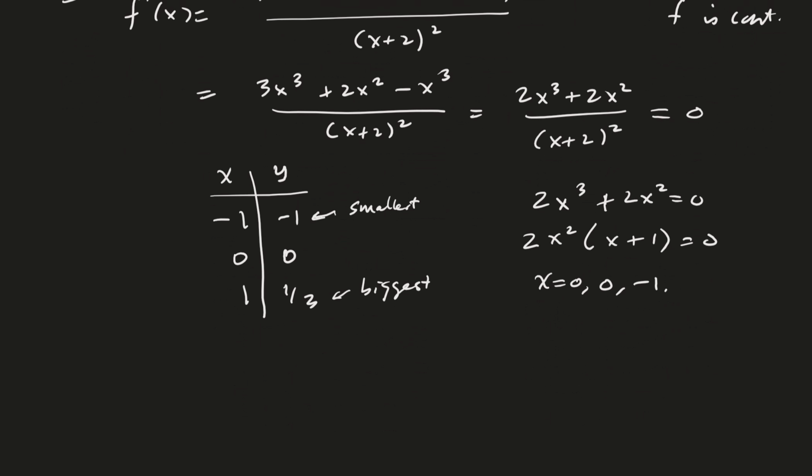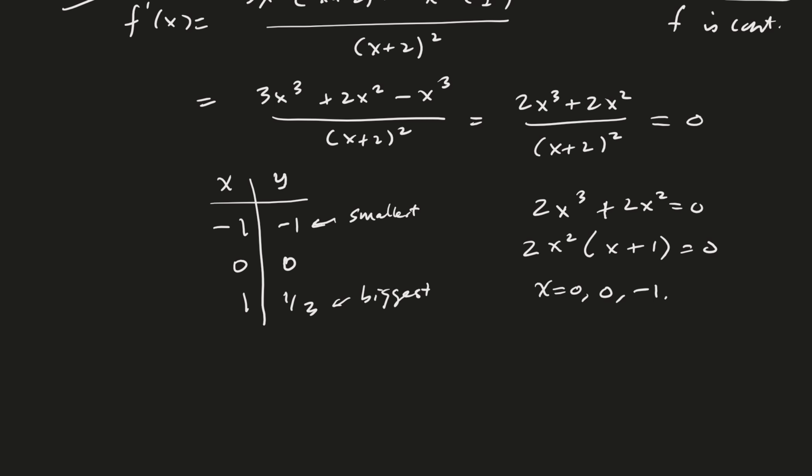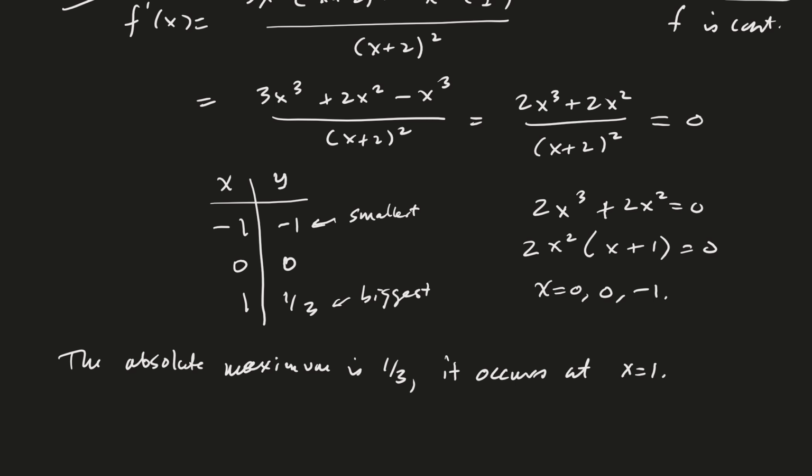Good. And so I think it's really important to write down your conclusion very carefully. So what have we found? The absolute maximum is 1/3. It's the y value, and it occurs at x equals 1. I'll just use quotes here.